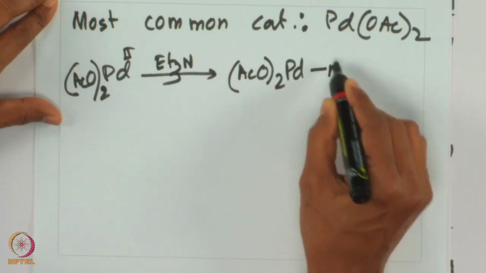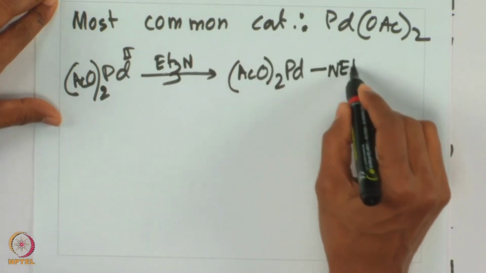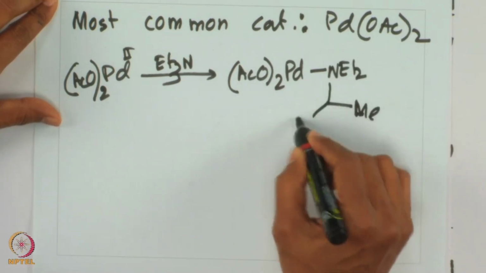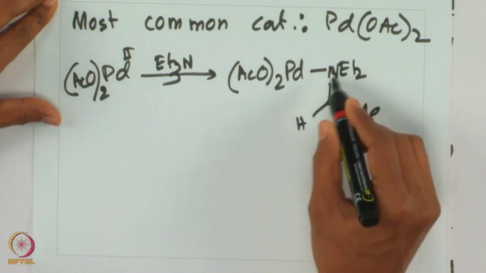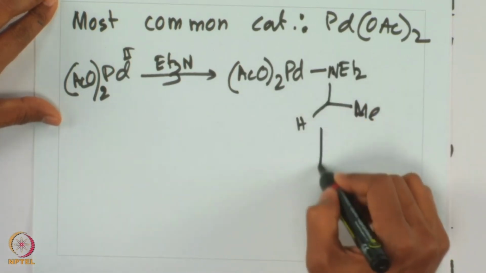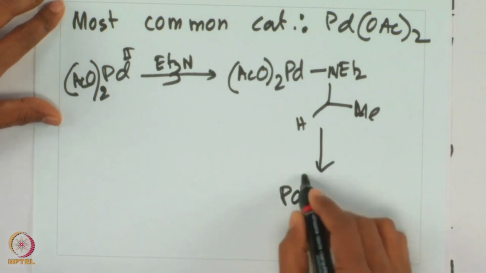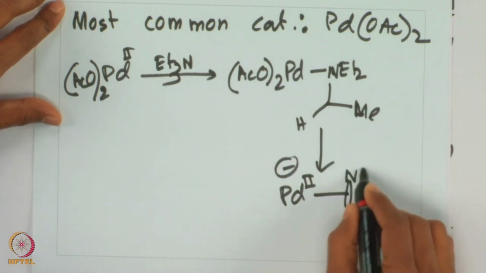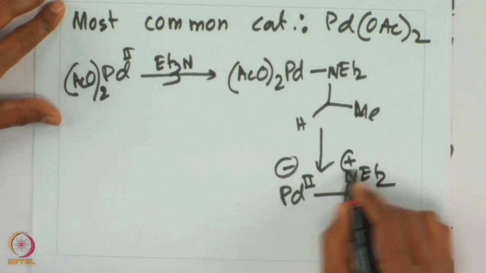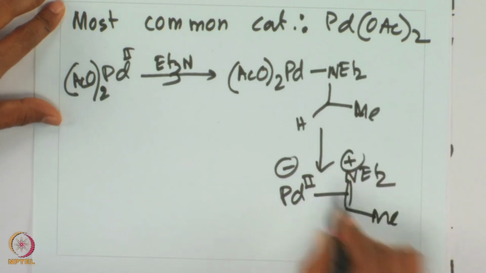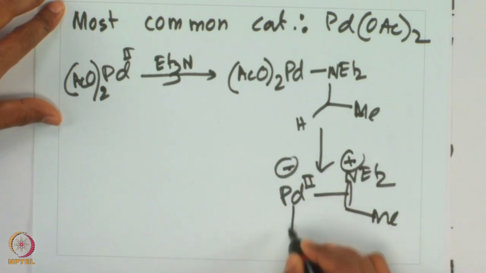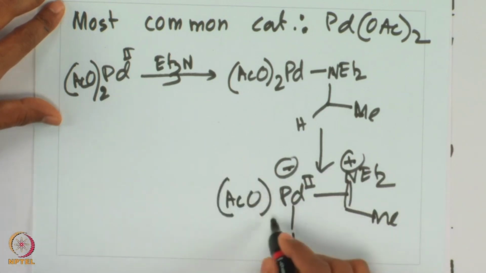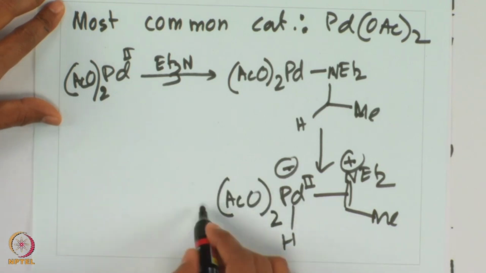Of course, nitrogen has lone pair, it will bind, and the ethyl group, let us draw it more like that. You have alpha beta hydride elimination possible from here, giving rise to an intermediate where palladium 2 and then diethylamine, this cationic intermediate is formed, this cationic and anionic intermediate form along with the hydride over there, and then overall we will get the acetate coming into the picture.